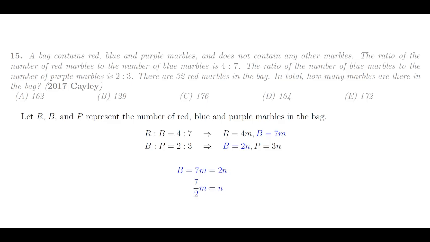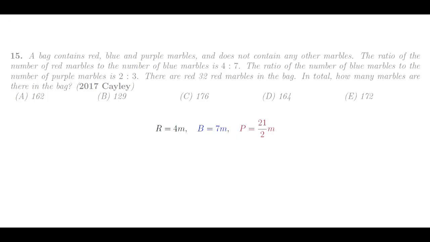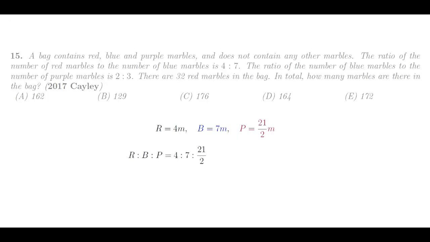So let's write n in terms of m, which means that now, once we've got n in terms of m, I can go back to my purple stuff, which is in terms of n, use this, and write it in terms of m. And if I write it in terms of m, now all of my three variables are written in terms of m. So I can get the ratio of the three of those things. So it's 4 to 7 to 21 halves.